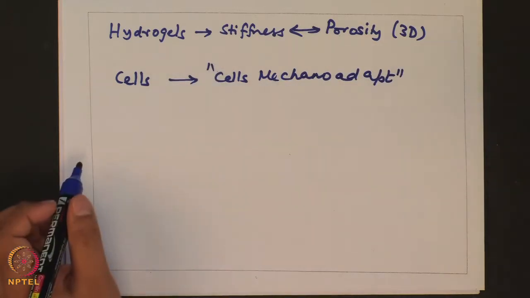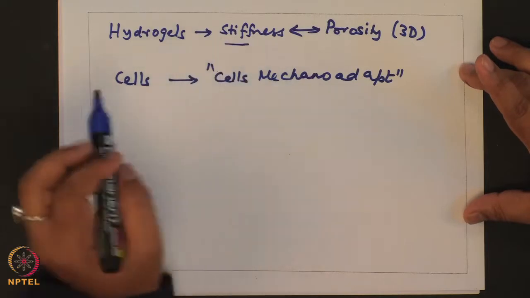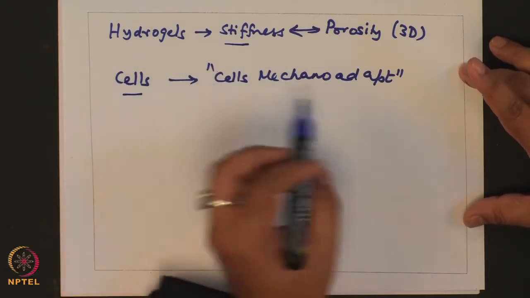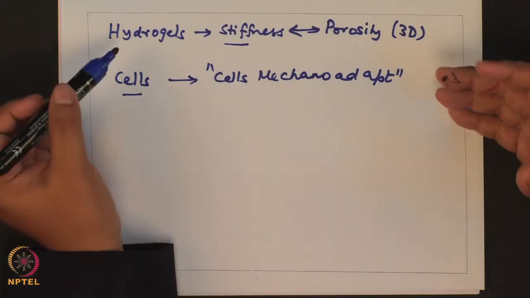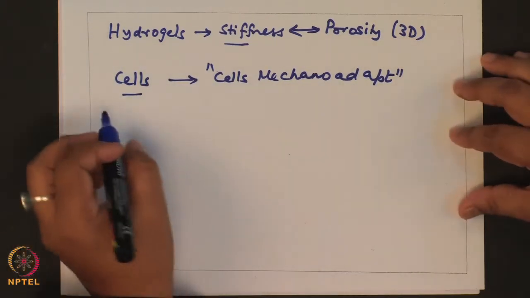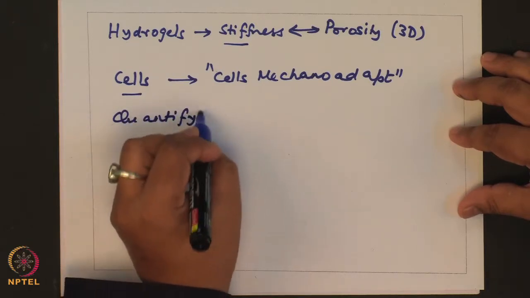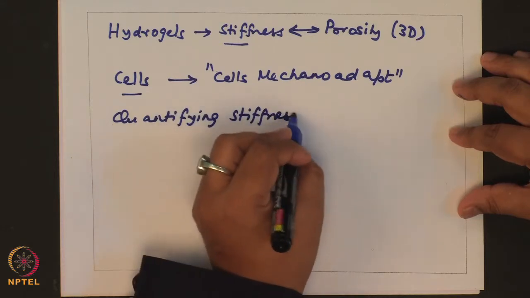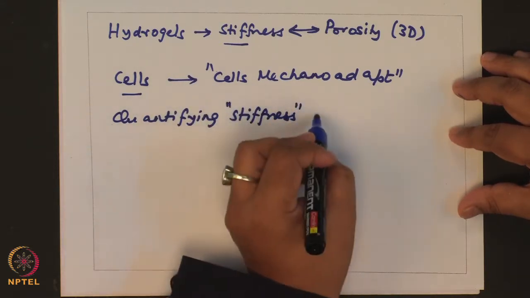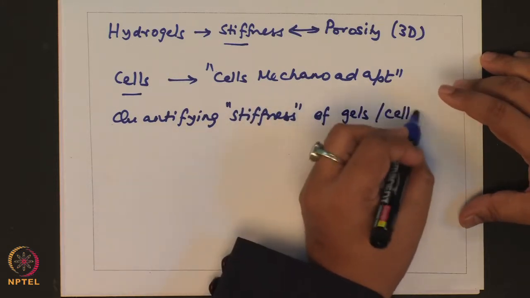To measure either the properties of the hydrogel, that is stiffness, or the cell stiffness as an attribute of cell mechanoadaptation, or the bulk properties of the gel, we have to find a way of quantifying stiffness of gels or cells.